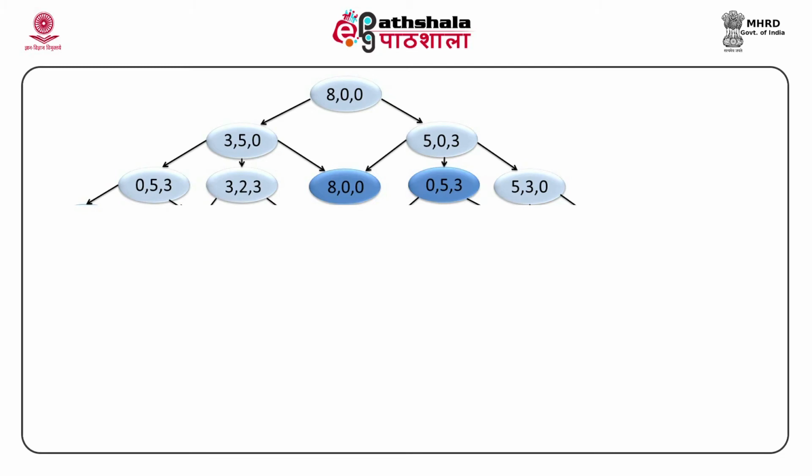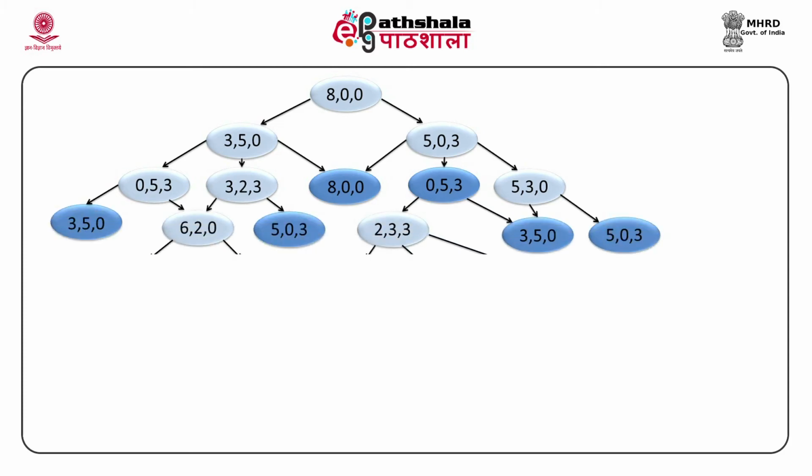Because it is already explored. See the leftmost node, which is already explored. When a node has already been explored before, we will not explore it further, for obvious reasons. And the third one is 530. Now let us look at the next level. 350, which is already explored, is a parent of the same node, and 620 is the other one. 620 is also a child of 323, and once again we get 503, which was already explored before, so we are not going to explore that further.